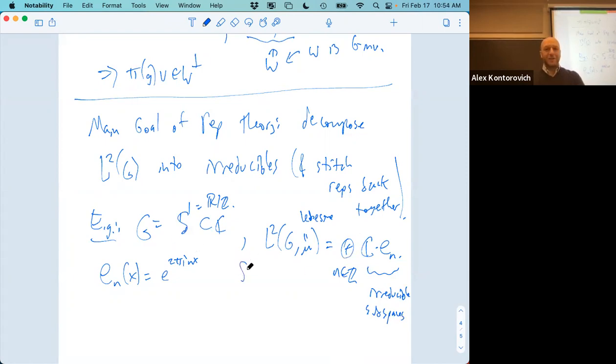And any function in here can be recovered by summing over n of the projection of f onto this vector space times the vector space. That's Fourier analysis on the circle: just the decomposition of L2 of the circle into irreducibles. Does that make sense?